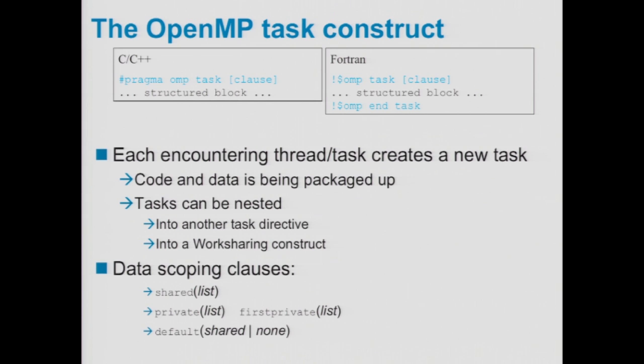If you're going to defer execution of that task and possibly have it move to another thread, you somehow have to encapsulate that entire data environment and those variables and allow the compiler to package them up so it can move them to another thread. And that's where the data scoping clauses come into play, and the mechanisms by which the compiler can pick up this piece of code and allow it to be moved to another thread.